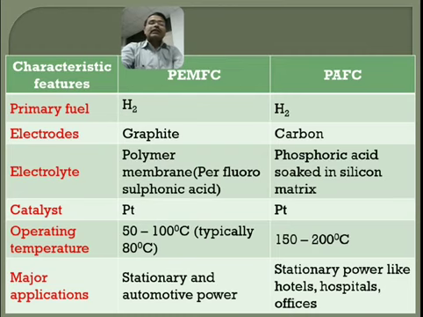The catalyst is the same in both cases, that is platinum. Operating temperature is 50 to 100, typically 80 degrees Celsius in PEMFC, while 150 to 200 degrees Celsius in PAFC. The major applications of PEMFC are stationary and automotive power, while PAFCs are for stationary power like hotels, offices, and similar applications.